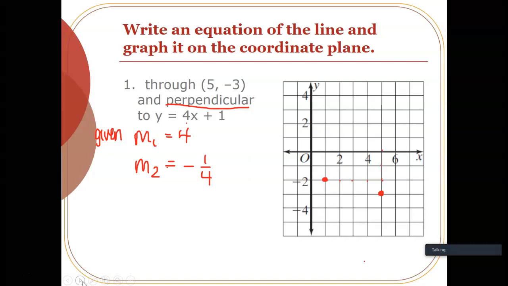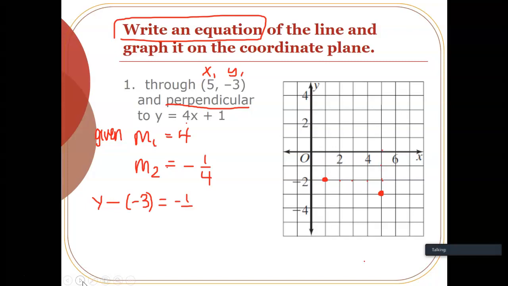The directions ask me to write an equation. So we're going to use our idea from yesterday of point slope form. So it's y minus y1, which is -3, equals -1/4 times x minus x1, which is 5.